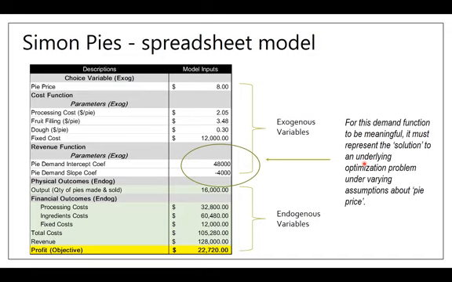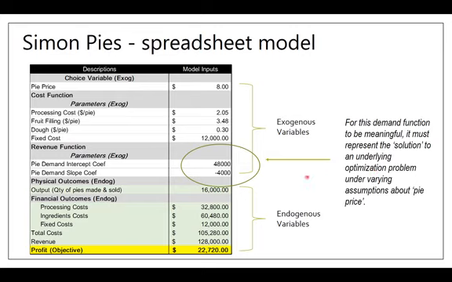And so with that in mind, whether we actually build the utility model, or whatever model behind our demand curve, or we just take it as given like we did in that Simon Pie's spreadsheet model, for that demand function to be meaningful, it must represent the solution to an underlying optimization problem, right?